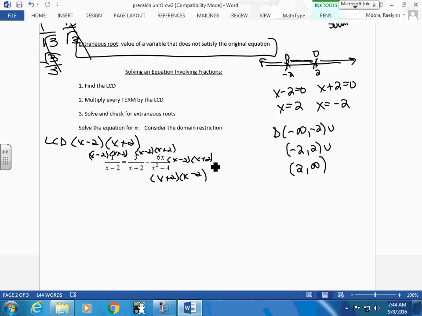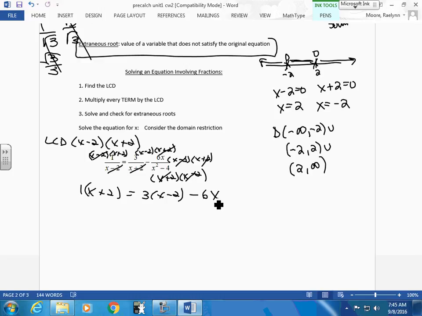Now cancel out your common factor. Then you're left with 1 times x plus 2. I'm just going to put the 1 times that. Equals, out comes your x plus 2. You're left with 3 times x minus 2. This uses both. You're left with 6x. Once you do that, you should have no denominators left.